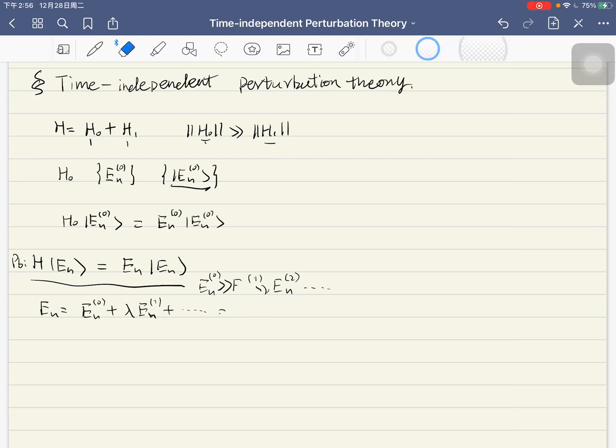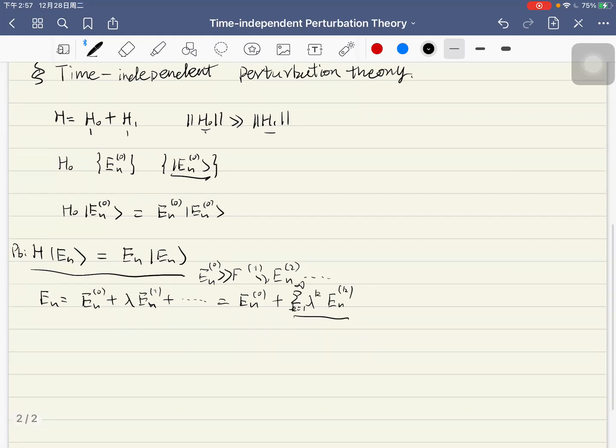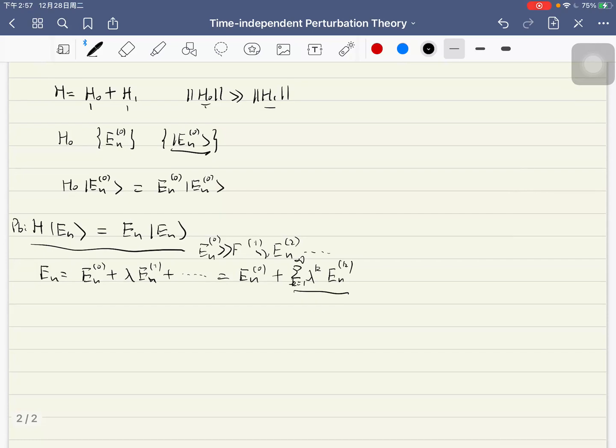It's better to write it like this: we just take out the En0 and add the sum from k equals 1 to infinity of lambda^k En(k). Often we only take it to the second order, so it doesn't have to be calculated to very large order.